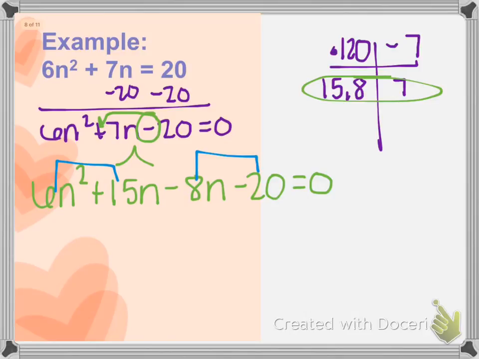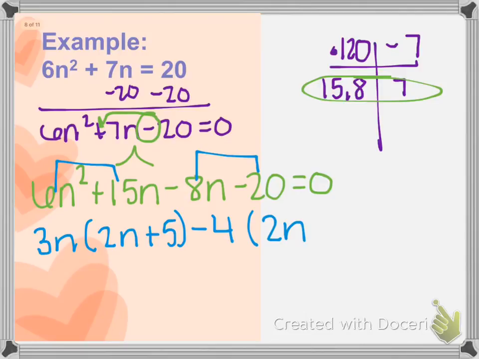So 6 and 15 are both divisible by 3, and I can take out an n, which leaves me with 2n plus 5. If I look at my next two terms, they're both negative, and I would like my final inside my parentheses to both be positive, so I'm going to take out a negative 4. Negative 8 divided by negative 4 is a positive 2n.